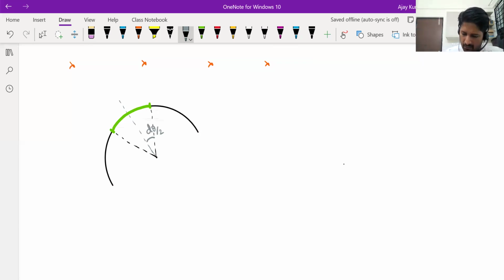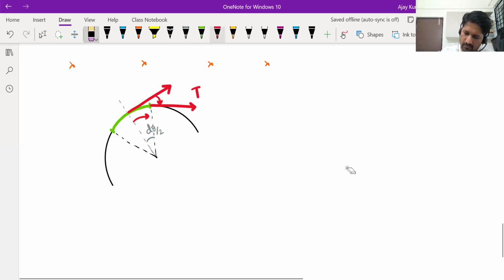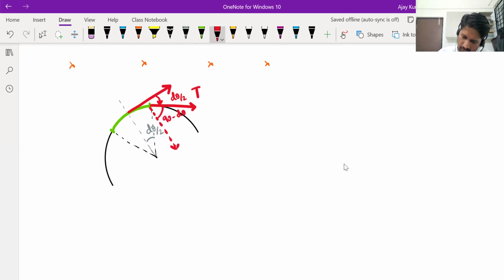If this angle is d theta by 2, tension also will be acting at an angle d theta by 2. If the tension acted here, it would have been perpendicular to that line of symmetry. But if this angle is d theta by 2, then tension also would have rotated by d theta by 2. So with the line of symmetry, it will be making 90 minus d theta by 2. 90 is in degrees, you have to write in radians, so let's take it as pi by 2.